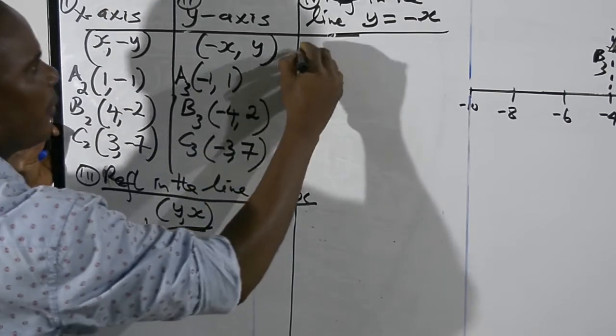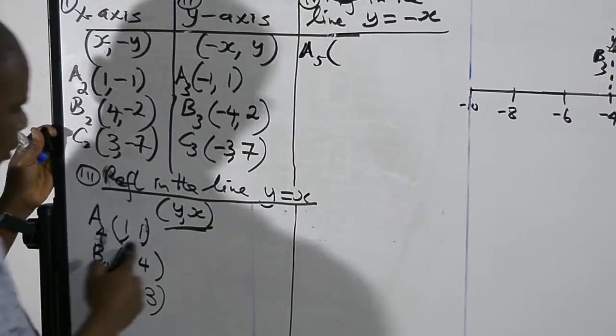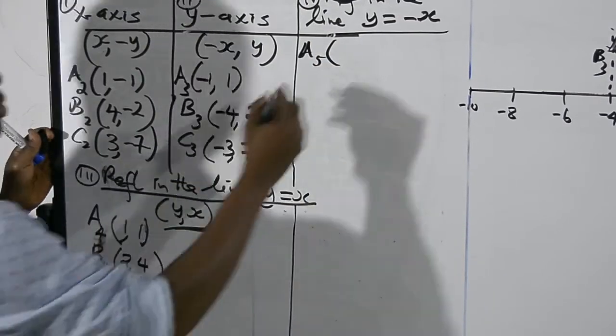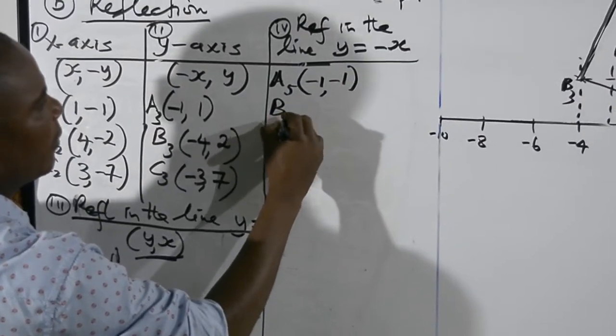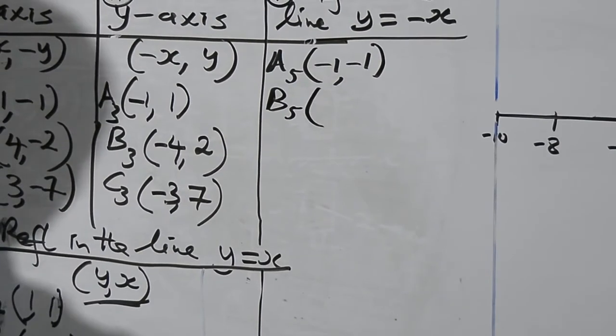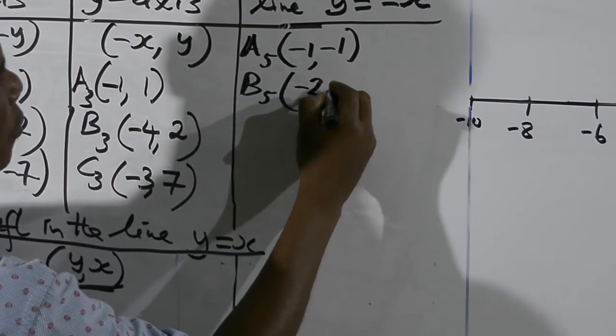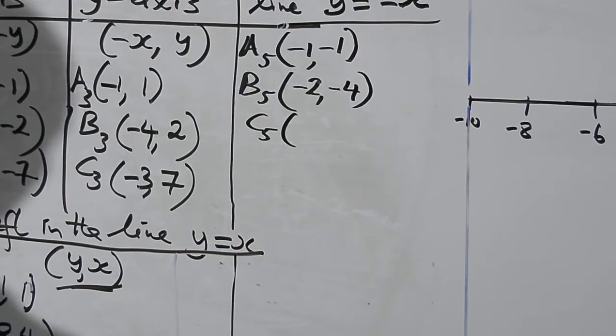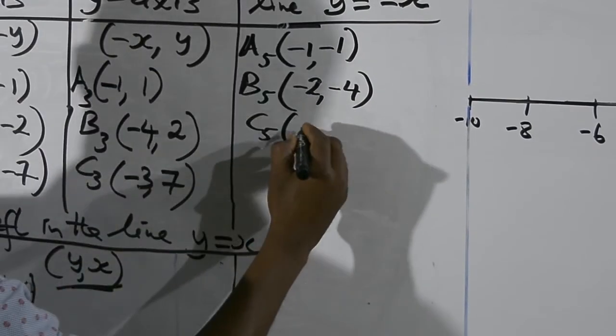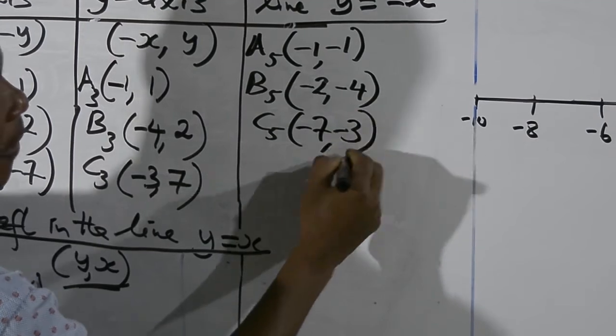So if you want A5, in that case, I just put negative before them. This is -1, -1, and B5 is -2, -4, and C5 is -7, -3.